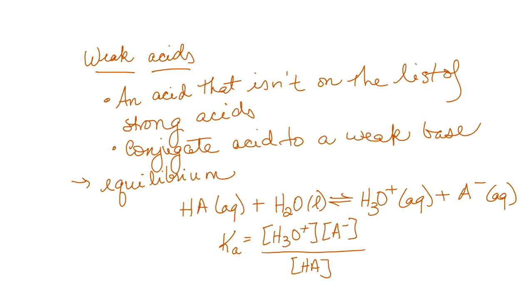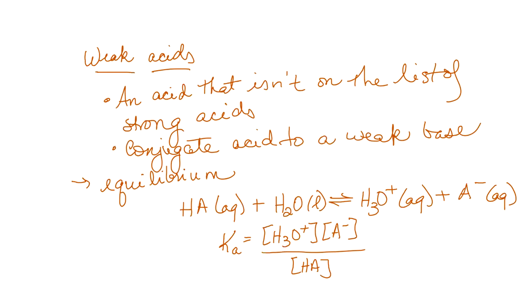A weak acid gives you a conjugate weak base. If you have a strong acid, then you have a negligible conjugate base. If you have a negligible acid, then the conjugate base will be a strong base. This is our typical equilibrium reaction that we write. We have a weak acid, and here's my Ka, the acid dissociation constant, my equilibrium constant.